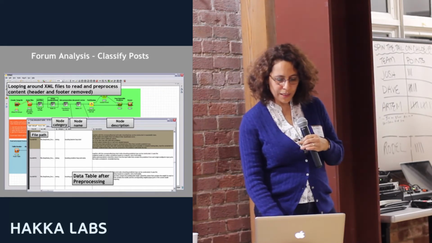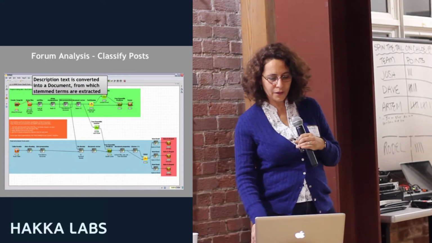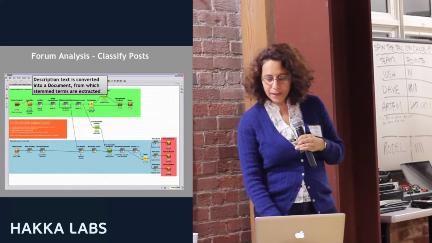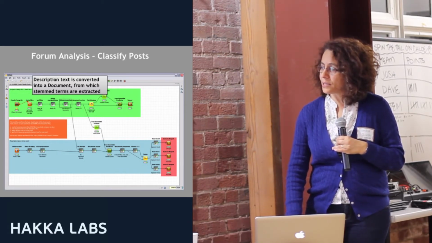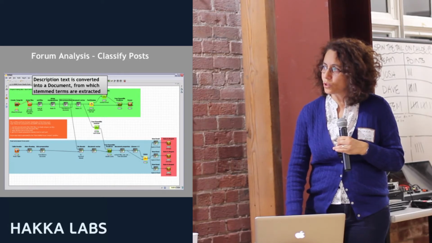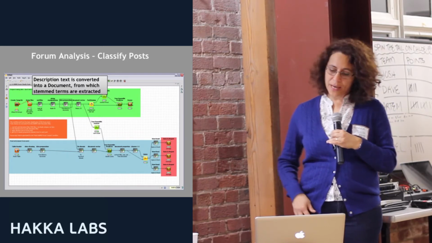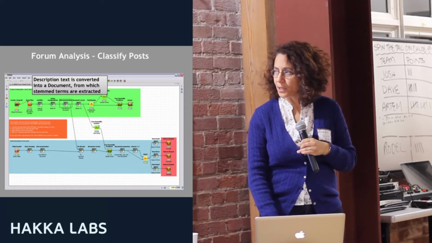Here I use this meta node to convert the description text into a document from which the stem terms are extracted. And this is how the meta node looks. So in this case, I do the conversion. I create the bag of words. I apply a number of filters. I erase punctuation. I apply the Porter stemmer to perform the stemming of the words.